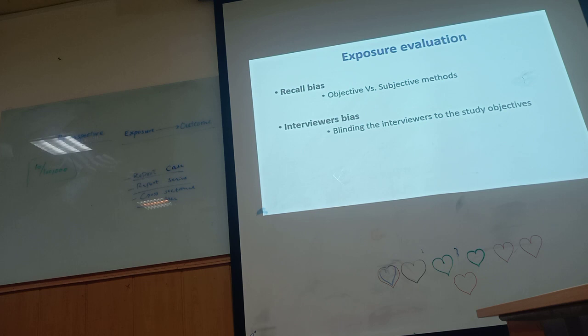It is very important because we have to ask cases and controls about their exposure in the past. So recall may be an issue. Some people do not remember if they were exposed to a specific exposure, for example, 10 years ago, 20 years ago. So recall is a very important issue for measuring the exposure of interest.